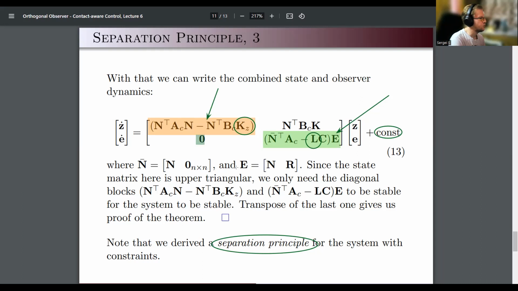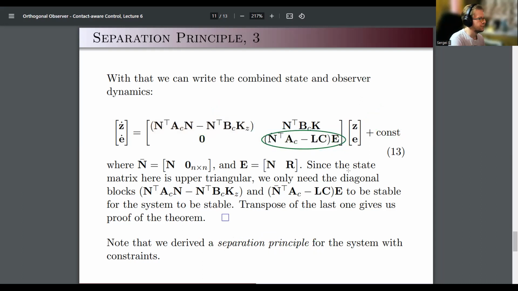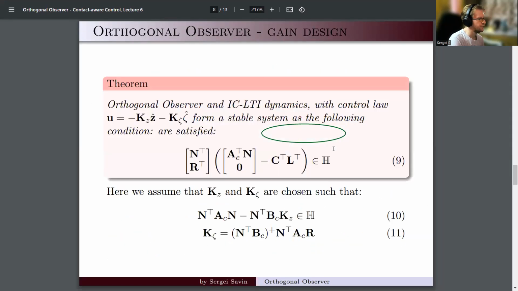And finally, if you notice this block here, if you transpose it, it will be E transpose, A transpose N, C transpose L transpose, right? And this is exactly what we saw in the theorem: E transpose A C N, E transpose C transpose L transpose.